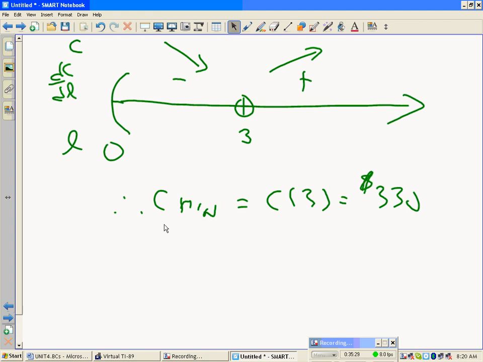So just say a sentence: the minimum cost of the tank is $330 because L equals 3 meters gives you a critical point whereby the derivative is negative before and positive after, so the function is decreasing, then increasing. They actually want you to verbalize this entire thing. This is your work, but you got to write it all out in words. People are not getting full credit on questions like this, stopping here.